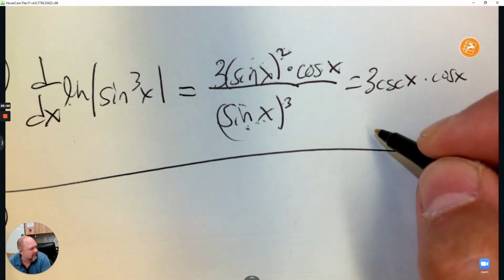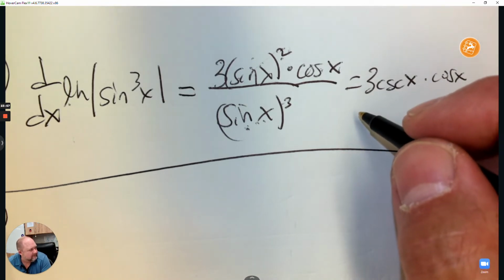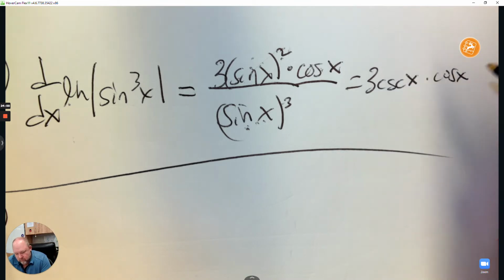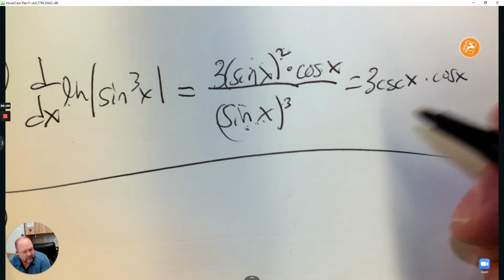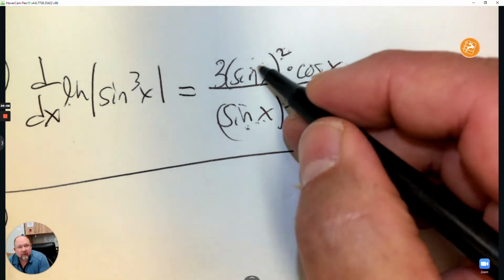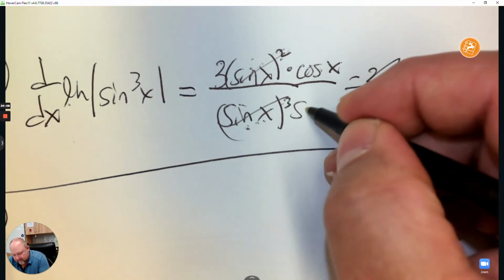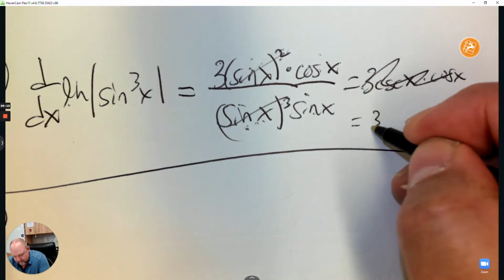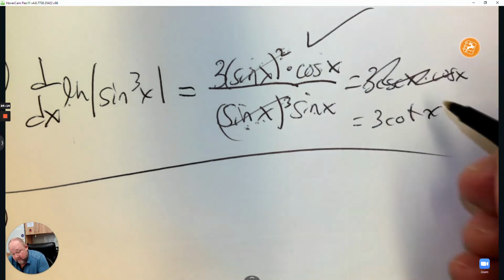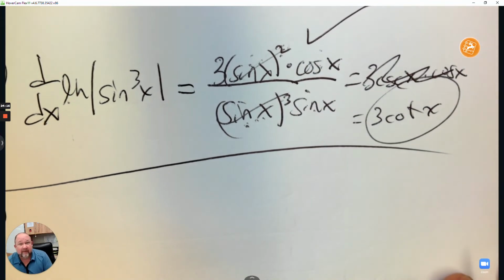Is that right? Oh, well, try it again. So this makes this just a sine. That's better. And then cosine over sine is cotangent. But this is good. That's not necessarily better unless it's multiple choice.